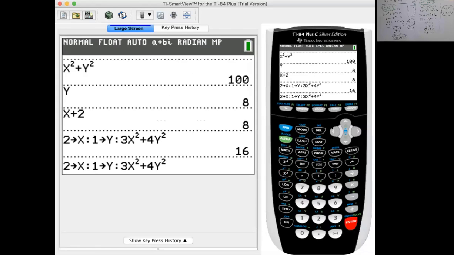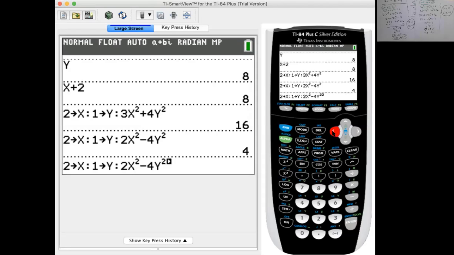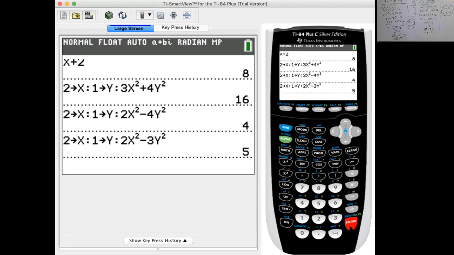We also need 2x squared minus 3y squared. 2x squared minus 3y squared is supposed to be 5, is it? Oh, I miscopied it. 2x squared minus 3y squared, not 4y squared. It's supposed to be 5. Is it? It is. So 2, 1 worked. How about 2, negative 1?